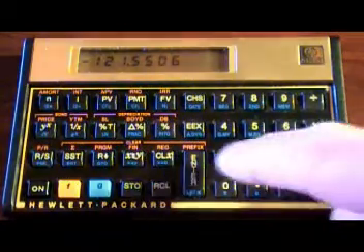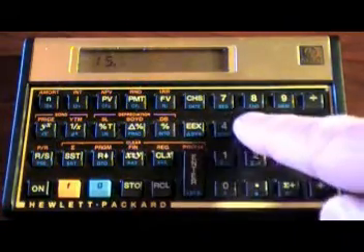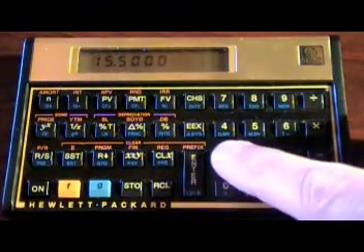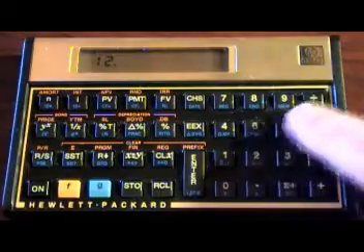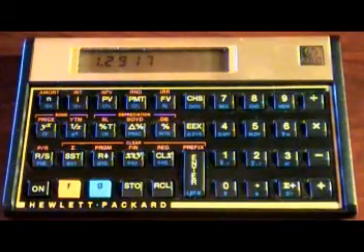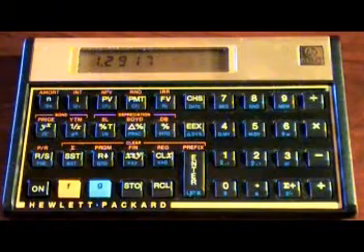We need to take 15.5 and then hit enter. Then we're going to divide it by 12. So you hit 12 and then the divide button to get 1.2917%. So you can see that's a little different than just hitting 15 divided by 12 equals 1.29. The HP 12C doesn't have an equals button.